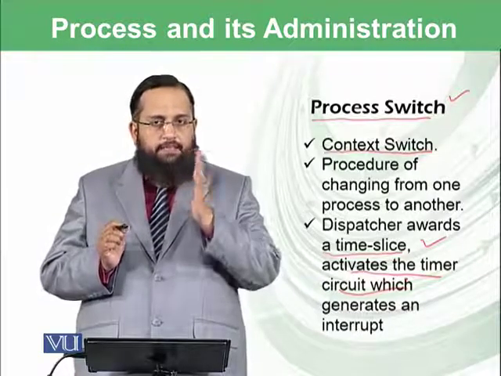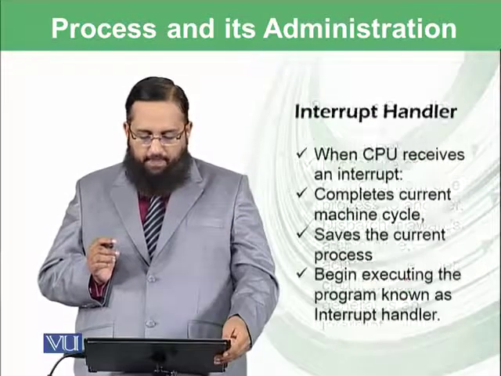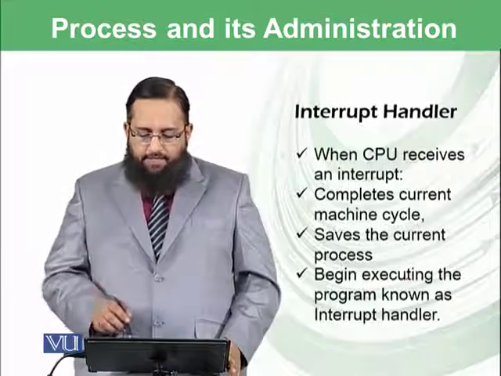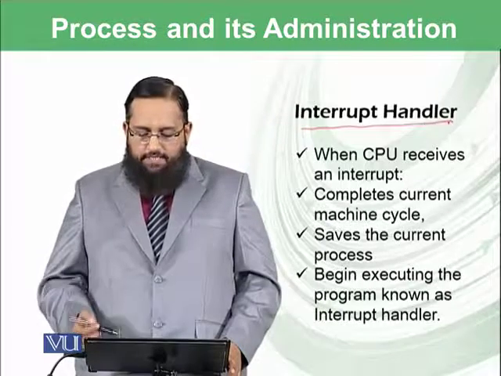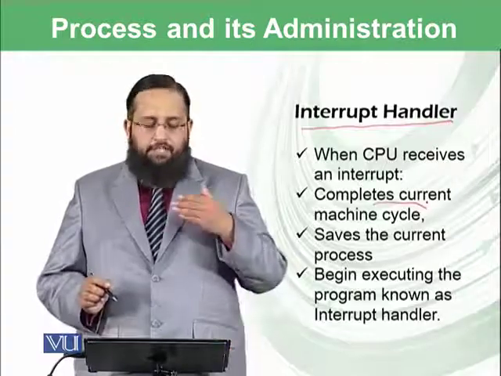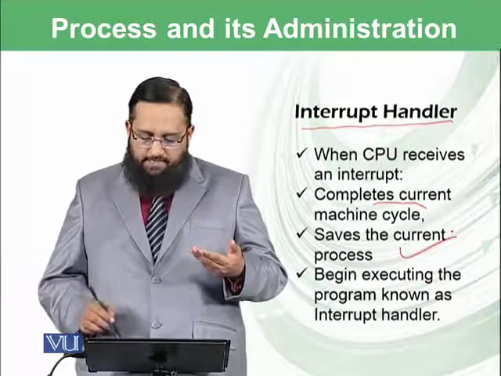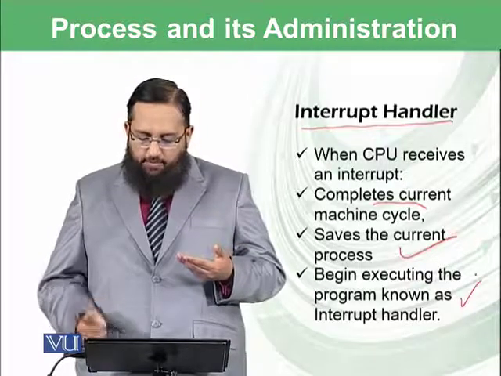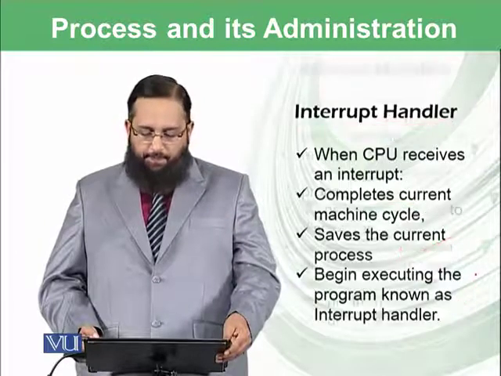This means that control should be transferred to the next process, and this interrupt is handled by the interrupt handler. When the CPU receives an interrupt, it completes the current machine cycle, saves the current process state which we have discussed, and then begins executing the interrupt handler.